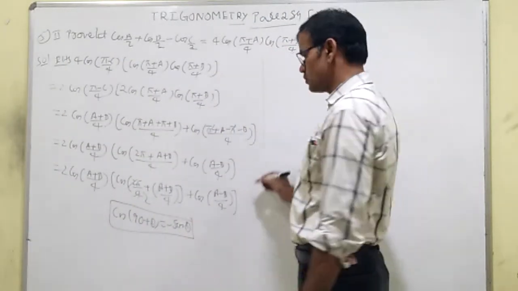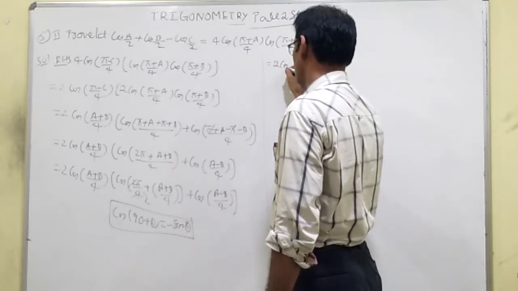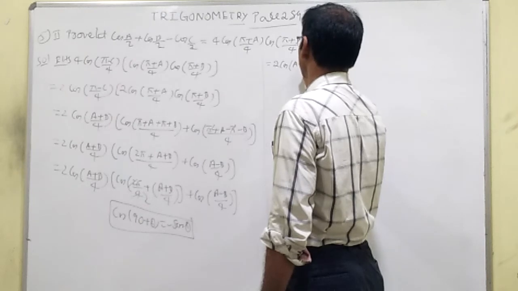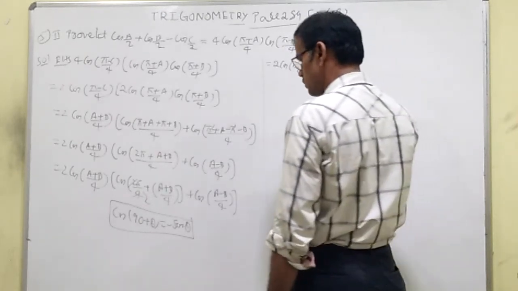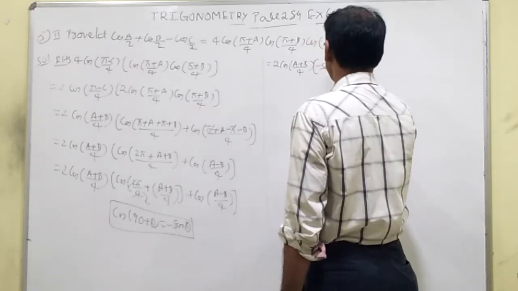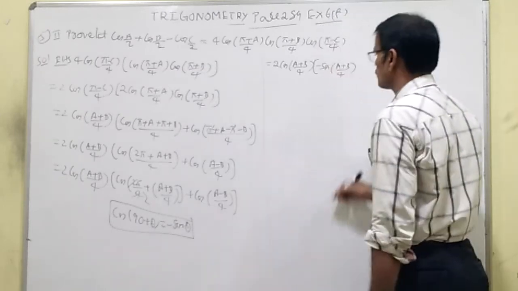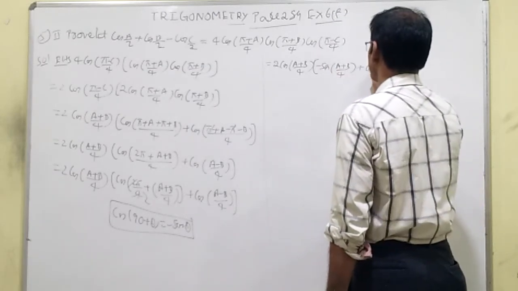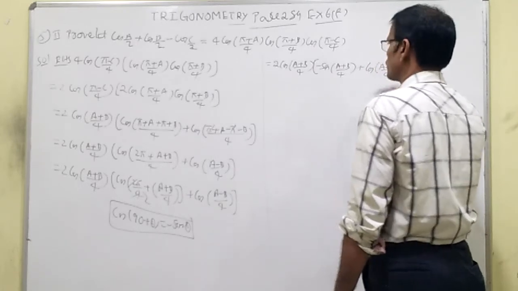So that is equal to 2 cos of (a plus b) by 4 into cos (90 plus theta) becomes minus sin theta, minus sin of (a plus b) by 4, right? Minus sin of (a plus b) by 4 plus cos of (a minus b) by 4.